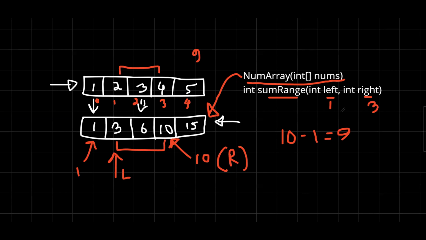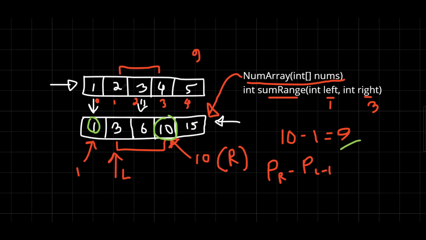So we have to use the partial sum array. Let's suppose it is P of right minus P of left minus 1. Here, P of right is 10, and P of left minus 1 is 1. So if we subtract 1 from 10, we will get the answer 9.